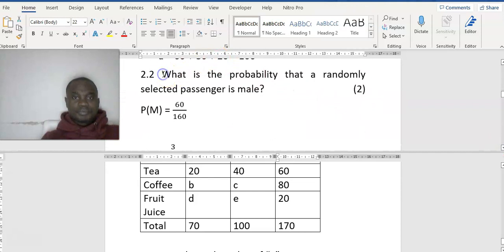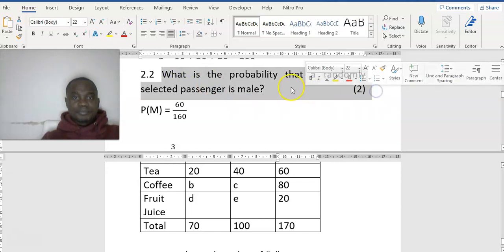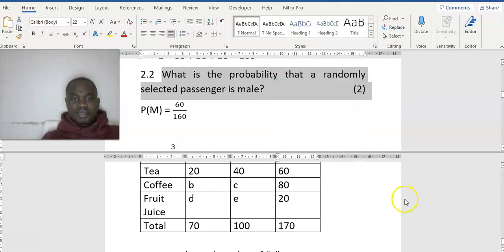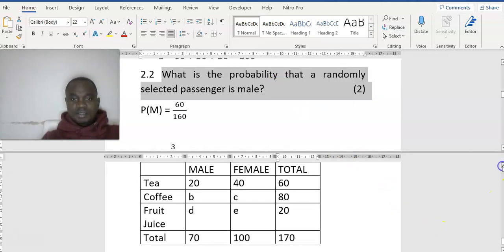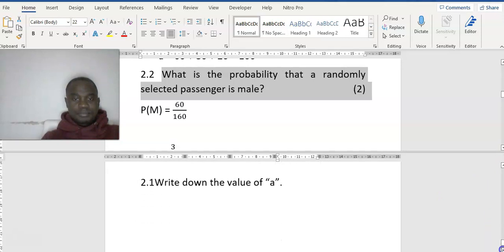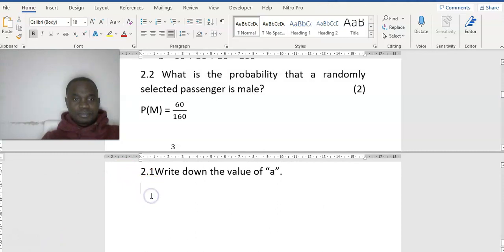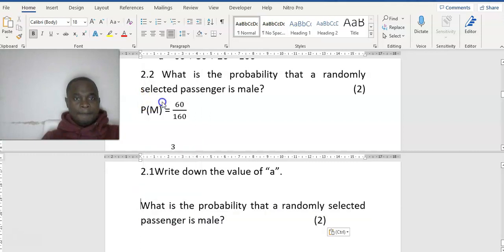Then what is the probability the passenger selected is not a male but is a female? Okay, nice one.